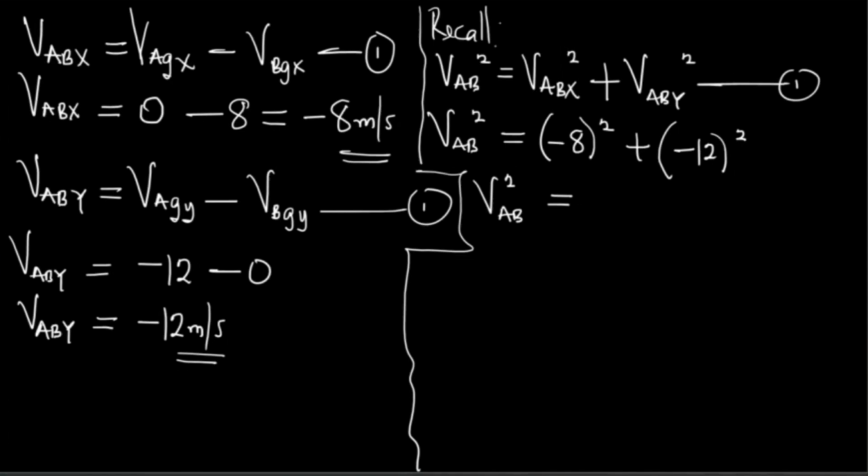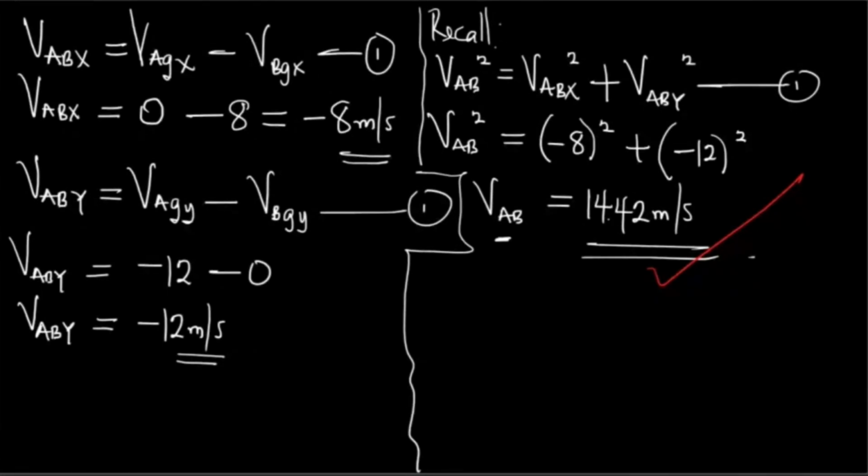Or you can rather find the value of the velocity by finding the square root, which is 14.42 meters per second. So that is the velocity of A relative to B. We've gotten that. That is your answer. Any questions from those online? Thank you.